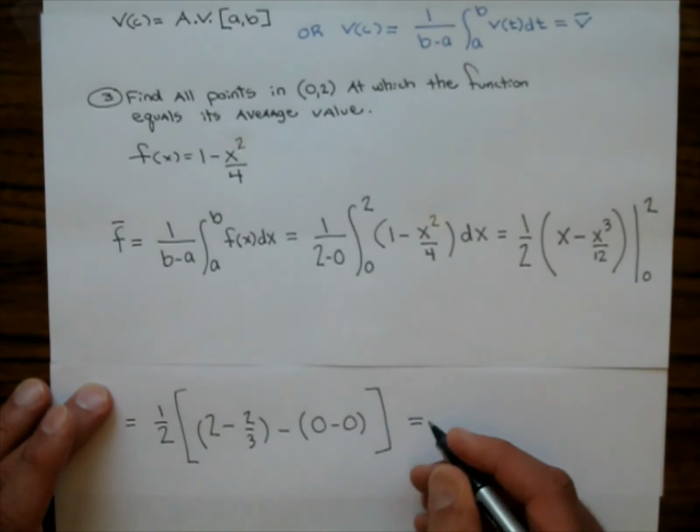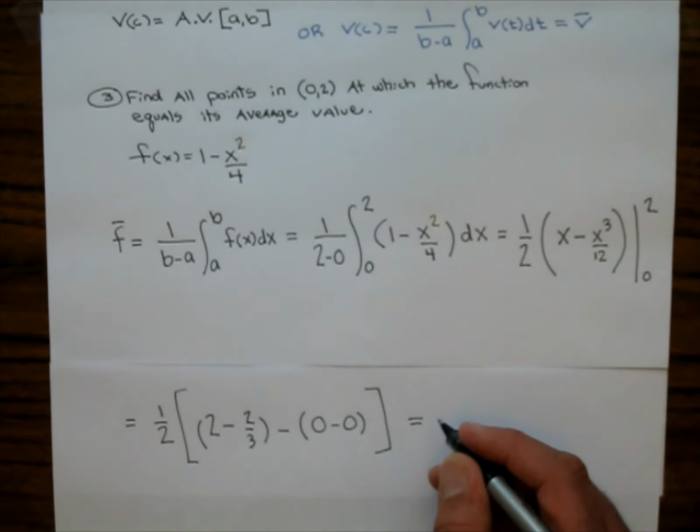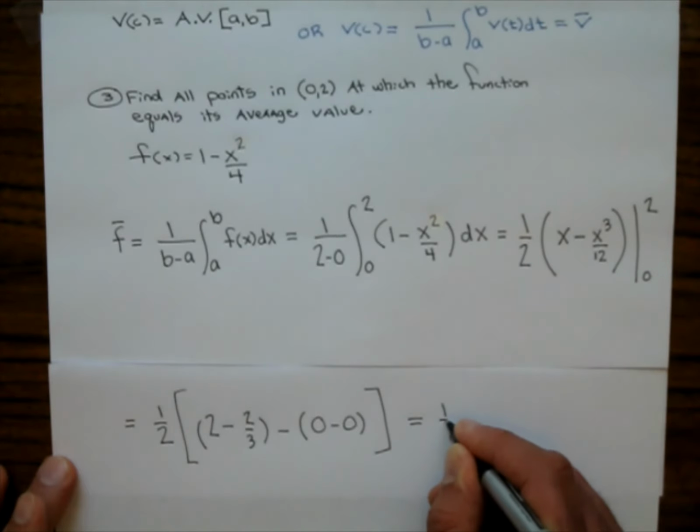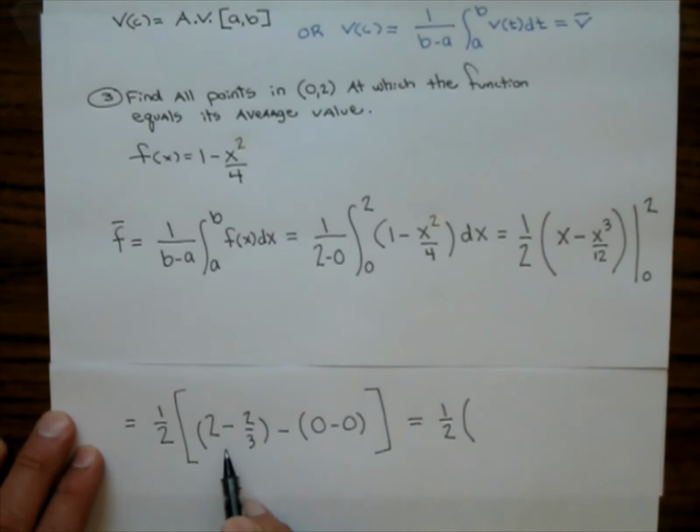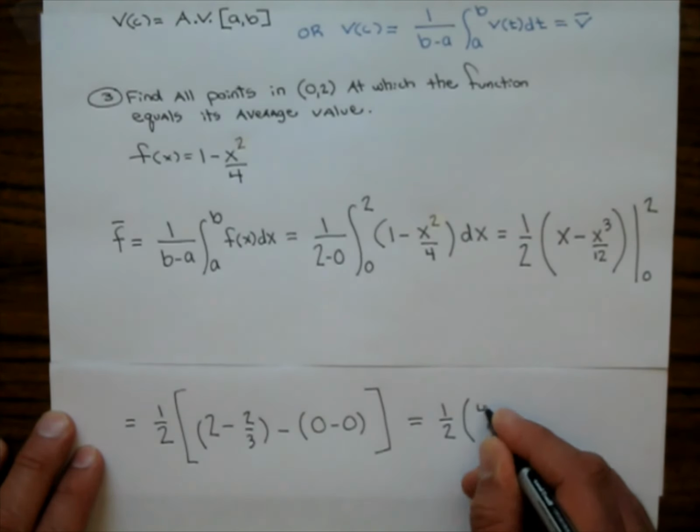And so what is 2 minus 2/3? Let's go ahead and write that out there. 2 minus 2/3 is 6/3 minus 2/3, 4/3.